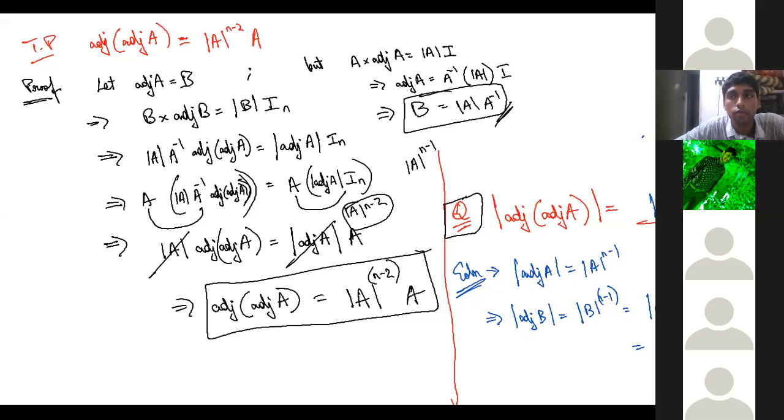But see, what we mean by adjoint of adjoint is not something you can appreciate physically as such. It is all mathematical manipulation. Because when you're saying adjoint of an adjoint matrix, you're taking adjoint of a matrix whose cofactors are defined. It is a cofactor matrix, no?